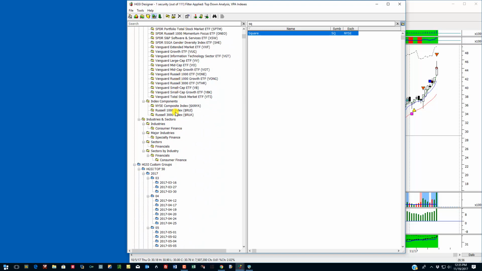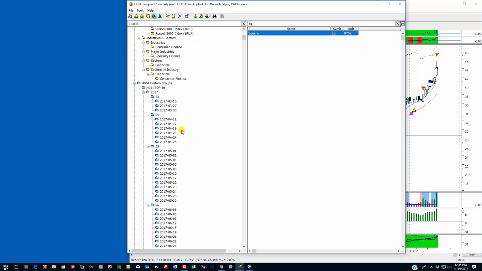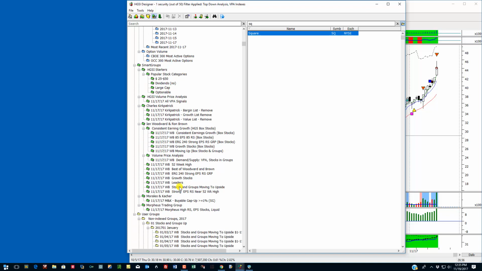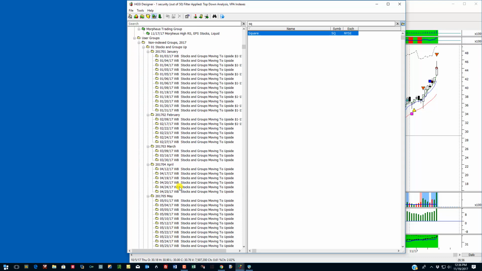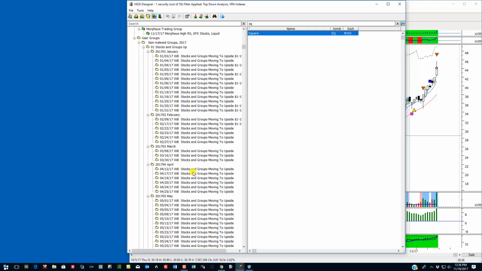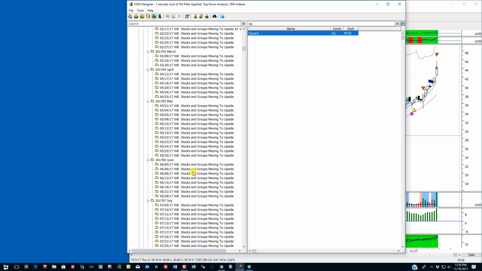And these are all the reference groups, but more interestingly, these are the HGSI Top 50, the custom groups. Look how many times this stock appeared beginning back in March, multiple times in June, multiple times in July, August only one time, September several times, and then I scroll down here and look at all the times it appeared in stocks and groups moving to the upside.